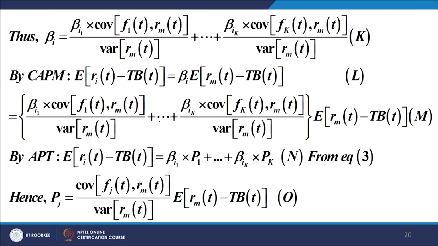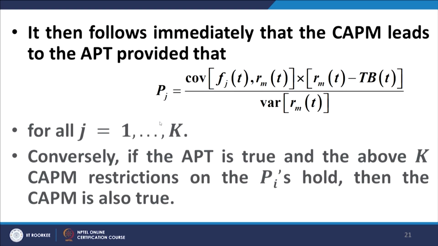So, if we compare equation number n and equation number m, the relationship that we arrive at between the CAPM beta and the risk prices of the APT model is captured by equation number O. So, this is the relationship between the CAPM model and the APT model.